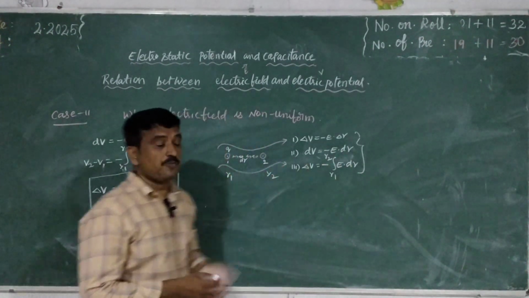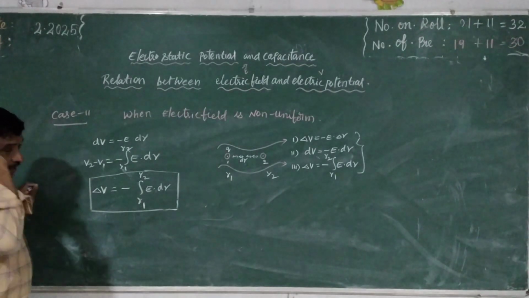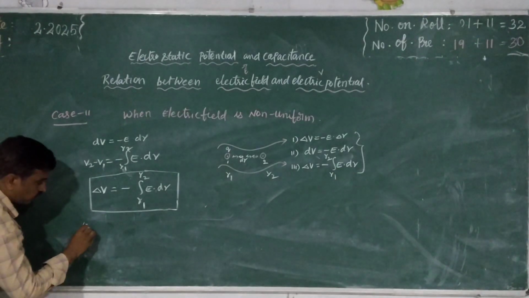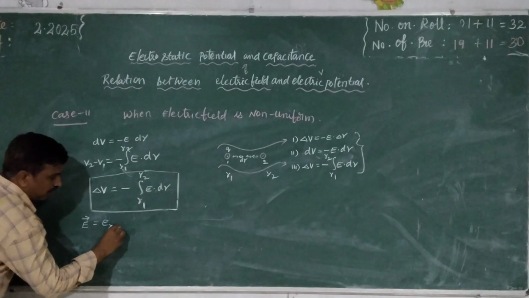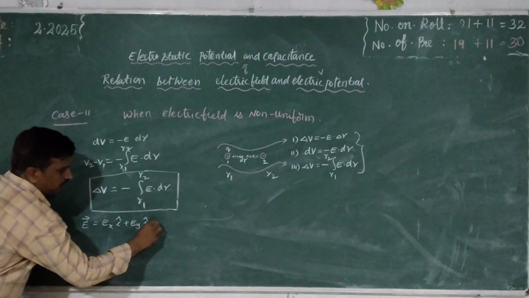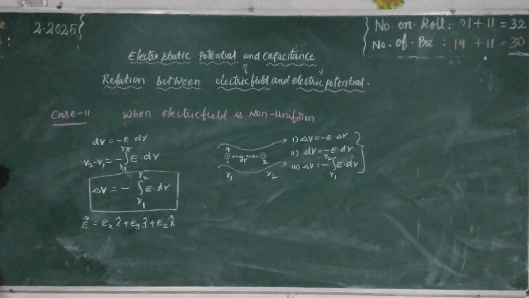See here, in this one we can take a Cartesian electric field. So Cartesian electric field, now how to write now here? See, E equal to Ex i cap plus Ey j cap plus Ez k cap is the Cartesian electric field.